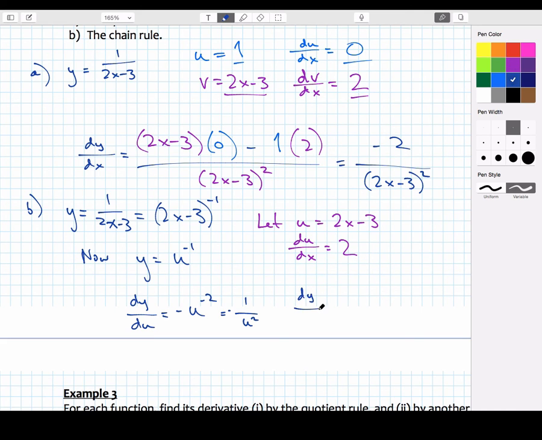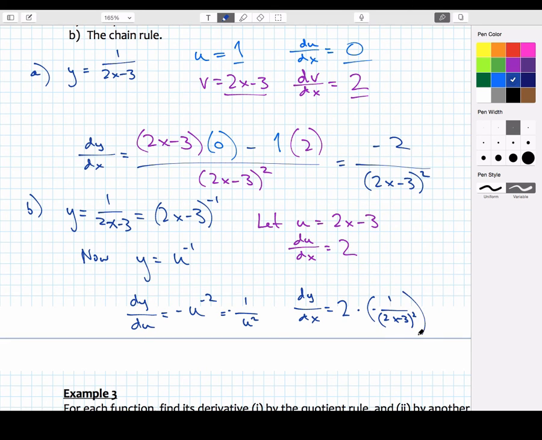So dy/dx is going to be 2 times negative 1 over u squared, but what's our u? 2x minus 3. So it's 2 times negative 1 over 2x minus 3 squared.